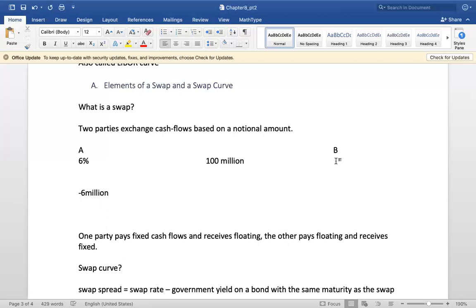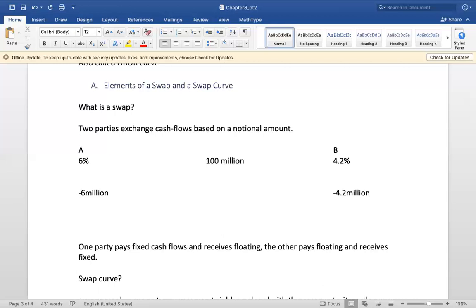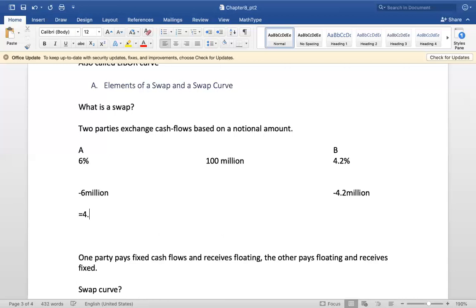LIBOR can be anything. Let's assume here the LIBOR is 4.2%. So they will be paying 4.2% of 100 million, which is minus 4.2 million, and they will be receiving plus 6 million.